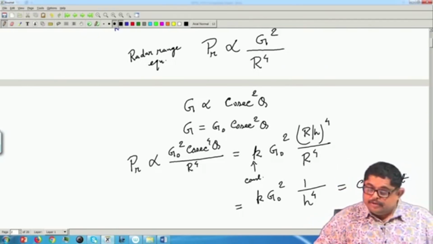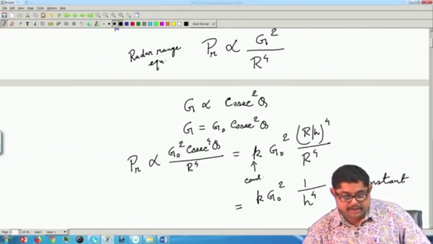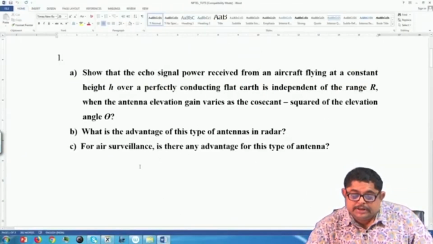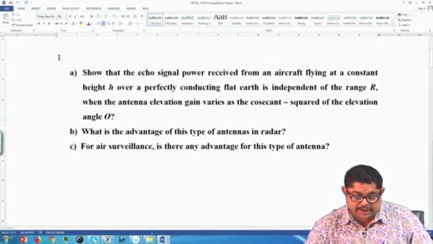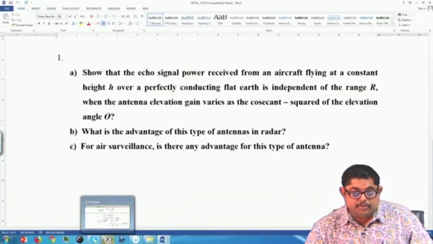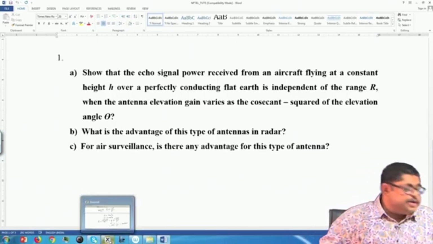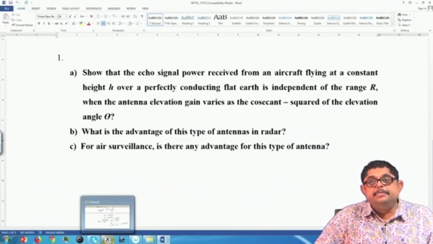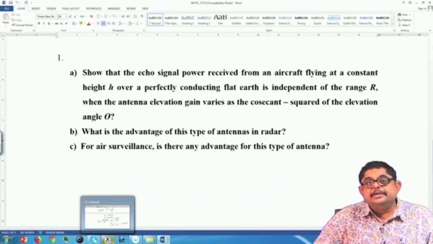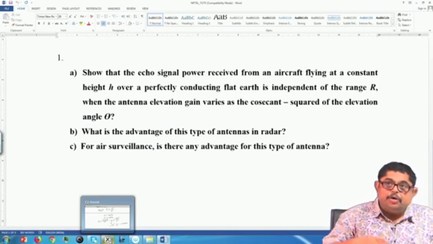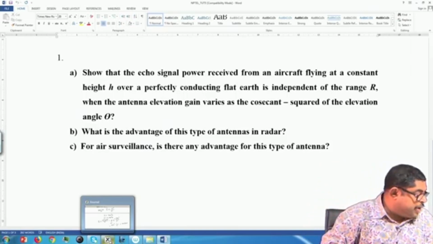The second part of the question says, what is the advantage of this type of antennas in radar? A very good question. If the received signal is independent of range, that is a huge advantage, because that means for long range and short range I am receiving the same power.